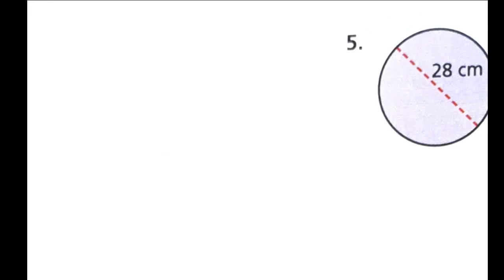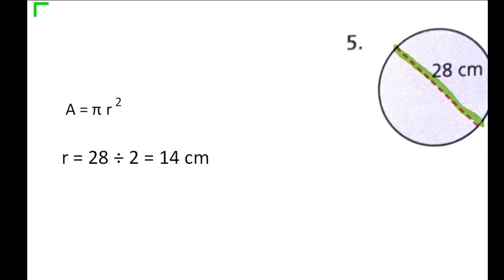Question 5. We have here diameter. We don't have r. We have diameter. Diameter is 28. So area of circle equals pi r square. I need to find r. We will take the diameter and divide it by 2. 28 divided by 2 equals 14.